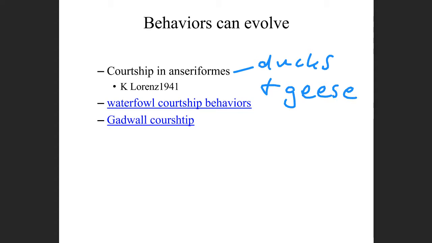It's not going to be live here because this is a PDF, but those links in the PowerPoint are links to videos of different courtship behaviors. But I also have a nice one here, so I have it all queued up and everything. So here we go.